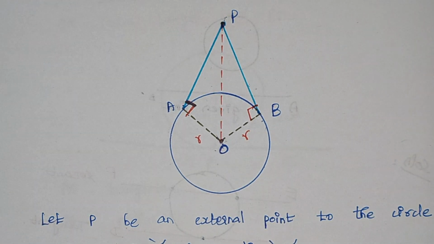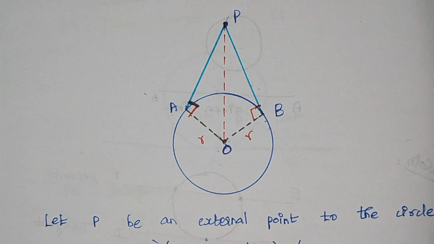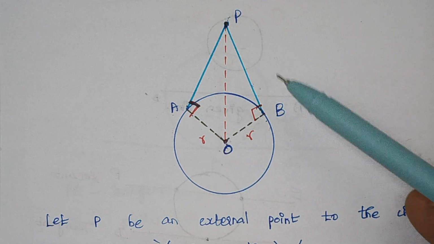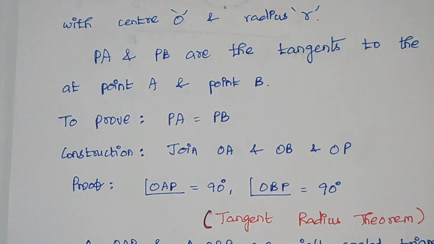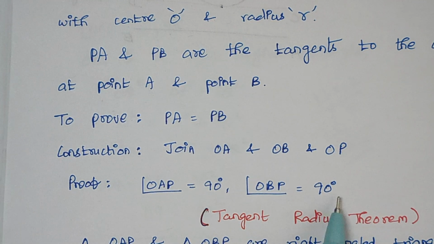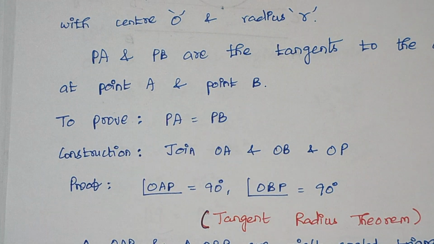So we write that angle OAP is 90 degrees and angle OBP is 90 degrees. This is due to the tangent-radius theorem, or better, you can even write the statement.